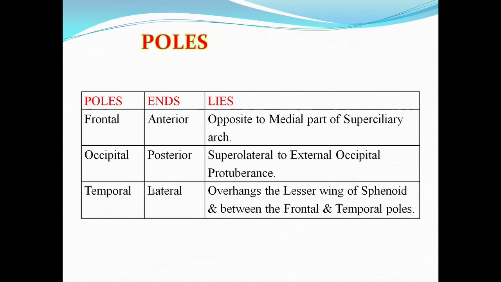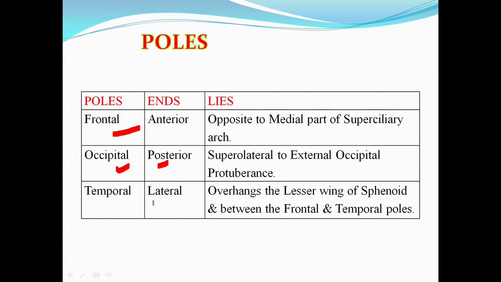Poles of the cerebrum. The anterior end of the brain is the frontal pole, which is exactly opposite to the superciliary arch. The posterior end of the cerebrum is called the occipital pole, exactly at the level of the external occipital protuberance.